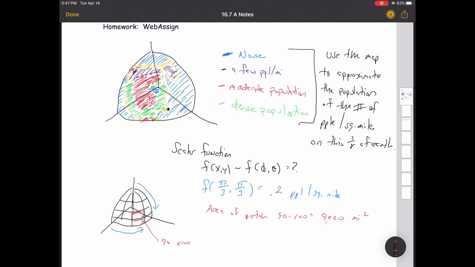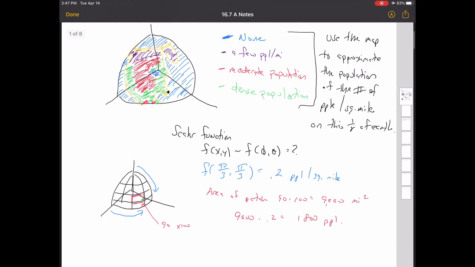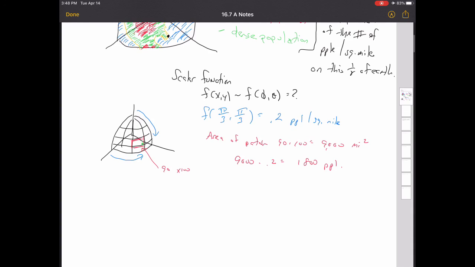So if I took the 9,000 and multiplied it by 0.2, multiplying by 2 is 18,000, so move the decimal: 1,800. So we're approximating that there would be about 1,800 people in that one patch. And the idea is that if I can make those patches really, really super small, then I can get a really strong approximation for the population density.